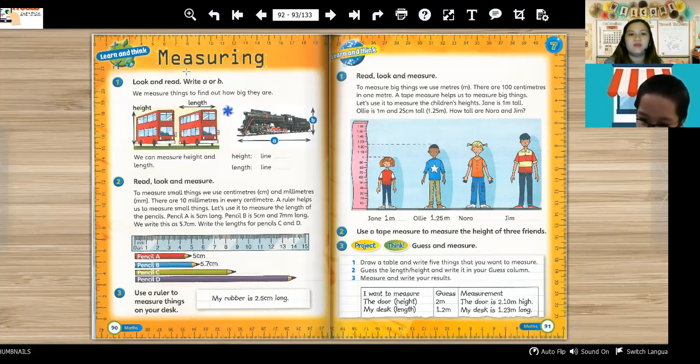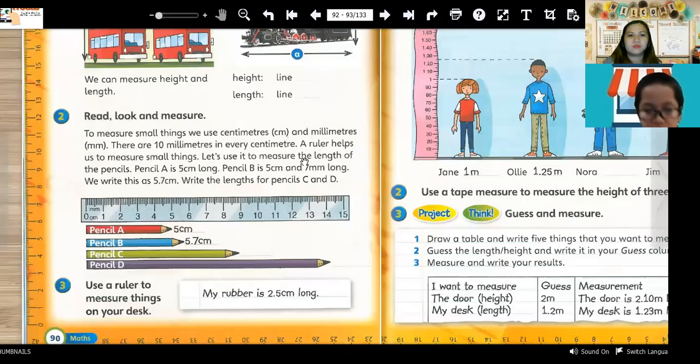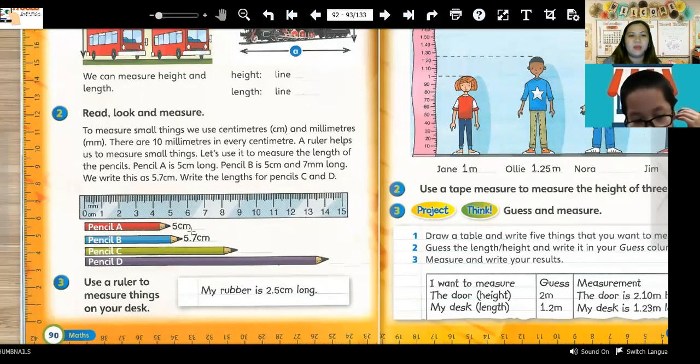So look at this one, B2. I will zoom it in so that you can see well. I want you to look at pencil A. What is the measurement of pencil A? Look at the tip, here, look at the screen. It's 5 centimeters long.